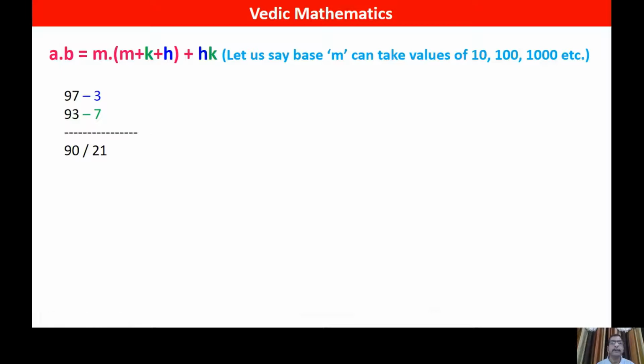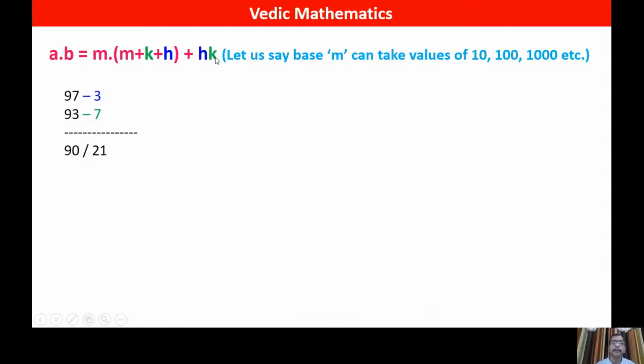Okay, so this 90, when you multiply by 100, since M is 100, that means at the hundreds position we will have 90. So very easily, just by thinking it, at the hundreds position put 90, from 100 minus 3 minus 7. Now, the HK value, which is the multiplication of H and K: H is 3 and K is 7.